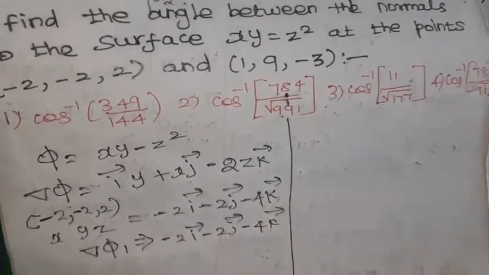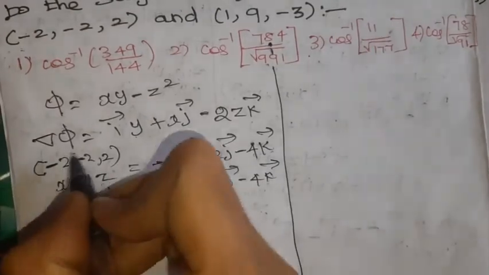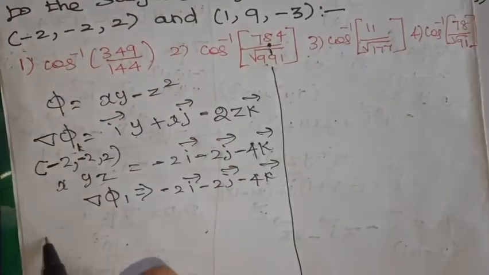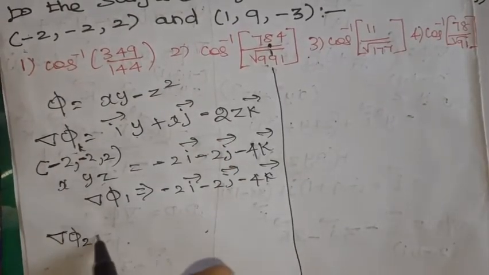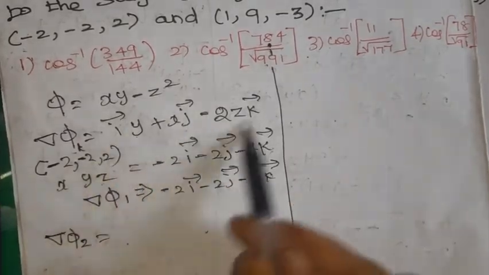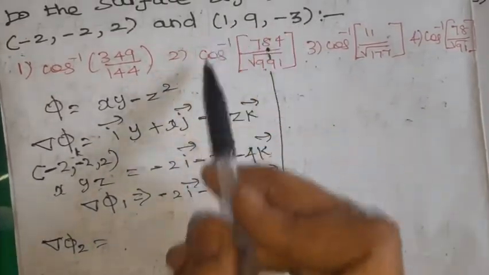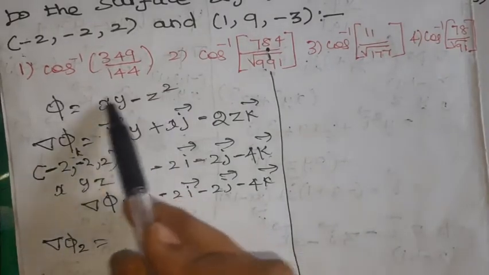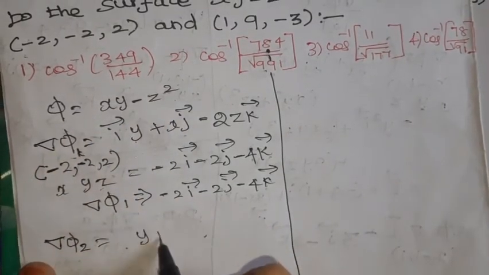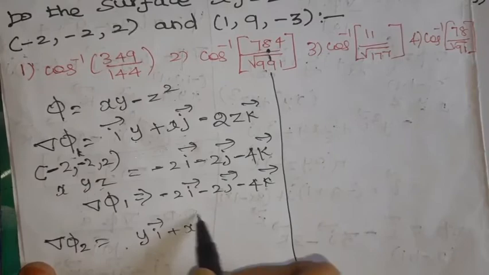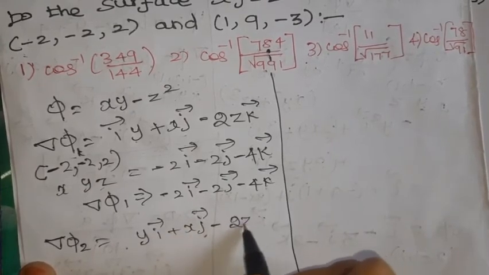Then find del phi 2. Del phi 2 is nothing but the same vector form, yi plus xj minus 2zk.